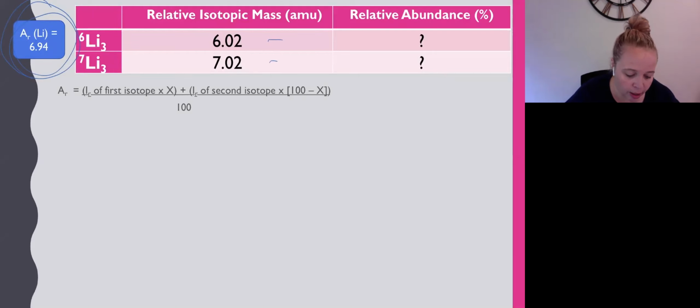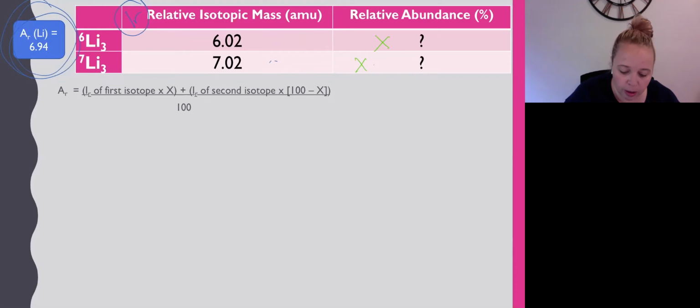So we're going to say that the AR is equal to the relative isotopic mass, which is this up here, the IR times X. So we're going to make 6.02 be X. All right, so that's not X. Over here, X is going to be the relative abundance of that first element.